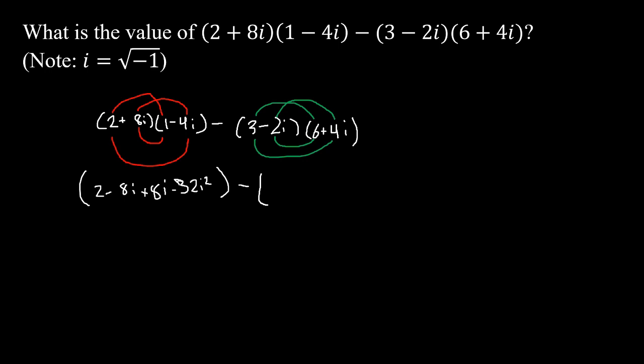So 3 times 6 is 18. 3 times 4i is 12i. Negative 2i times 6 is negative 12i. And negative 2i multiplied by 4i is negative 8i squared.